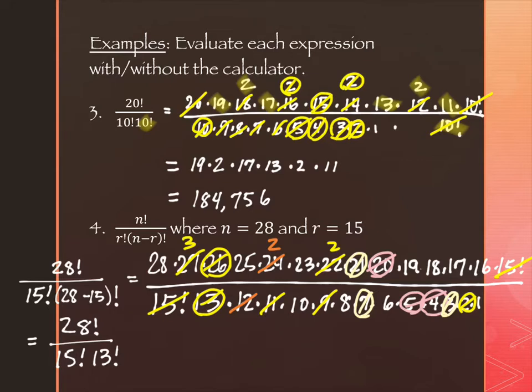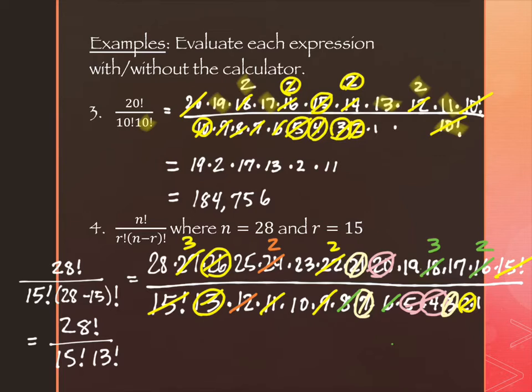Same with the 6 and 18. So let's do 6 down here, and the 18 also gives me a 3. There's at least one more that divides very nicely. 8 and 16. Yeah, the 8 and the 16 as well. I can do the 8 and the 16, leaving me with a 2.